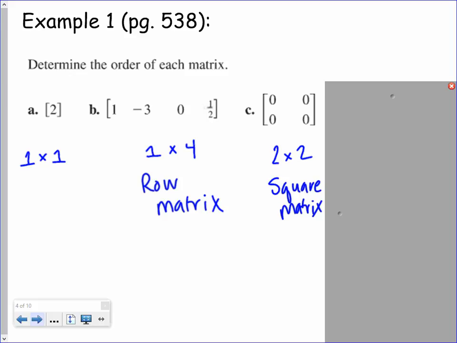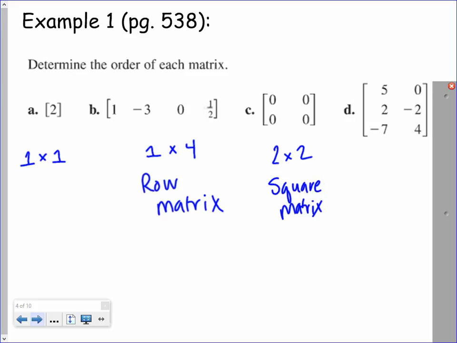Okay. And the last one, look at your group members and tell them, what is the order of this matrix on the board? Tell them the order. Count your rows, 1, 2, 3, by your columns, 1, 2.